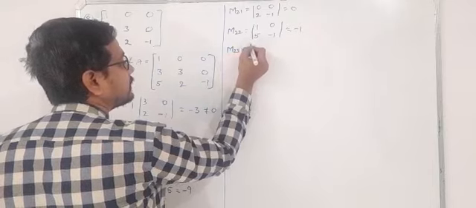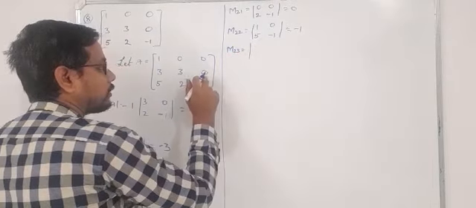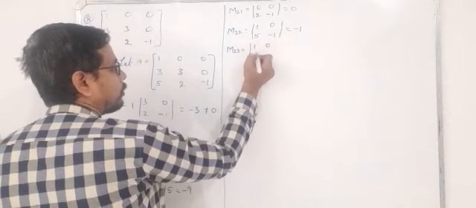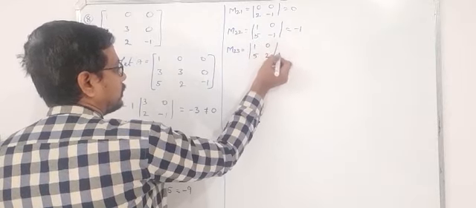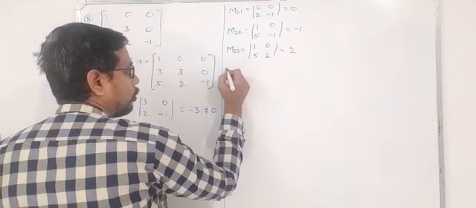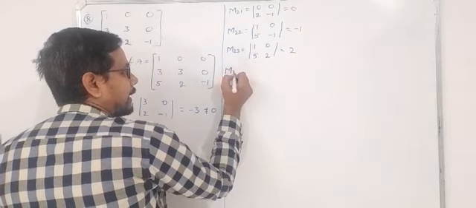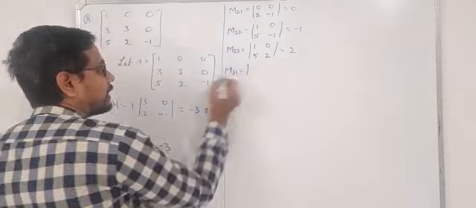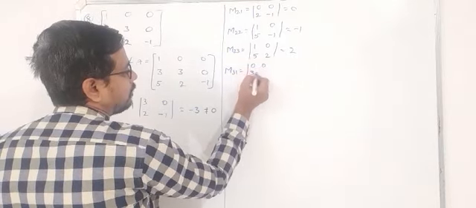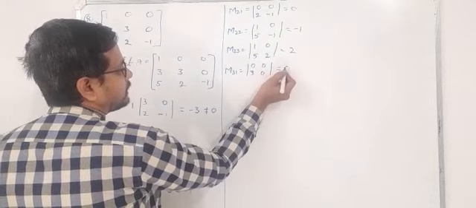M23. M23 is the minor of A23, that will be 1 0, 5 2. So that will be 1 into 2 is 2, minus 0 is 2. M31, minor of A31, 0 0, 3 0. This is 0.